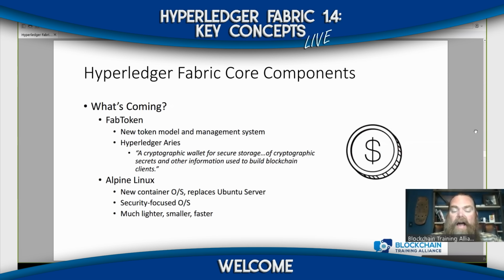Well, Hyperledger's gotten a lot of feedback about this, that this is really something a lot of people feel is missing from the platform. And so what we're going to see in 2.0 is the FabToken architecture. This is a new architecture model and system for managing your own custom coins or tokens. So if you have a use case where you want to make digitized representations of some kind of physical or virtual asset, FabToken is going to be a way to do that.